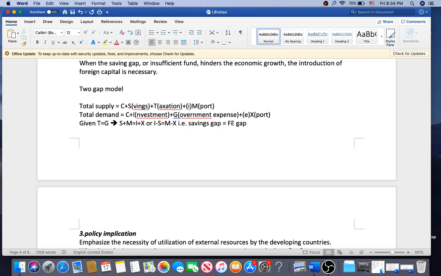And introducing the external resources is very important. From the 1970s to the 1990s, the developing countries and regions in East Asia achieved rapid economic development by introducing external resources.